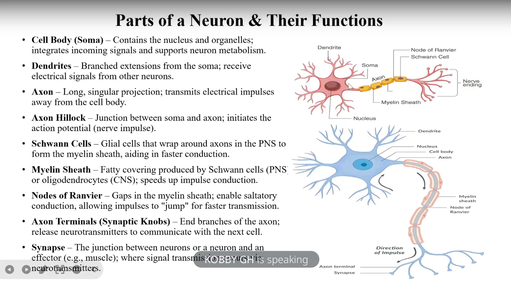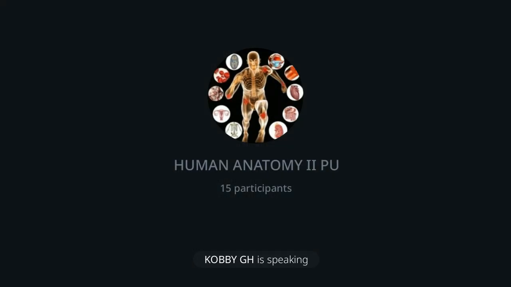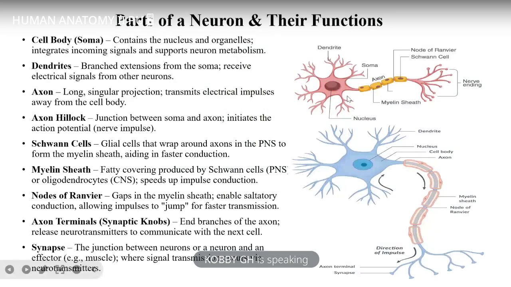I also mentioned that the junction between the soma and the axon, the very border between them, we call the axon hillock. This is where the action potential begins. Keep it in your mind. When I'm teaching, I emphasize certain important things in anatomy.